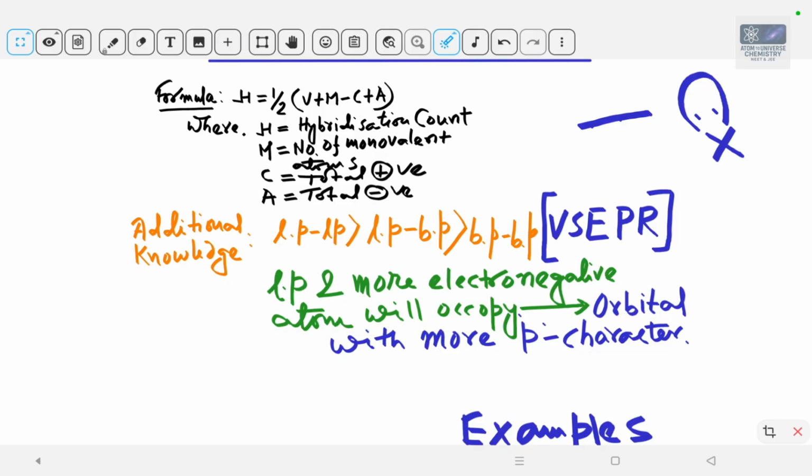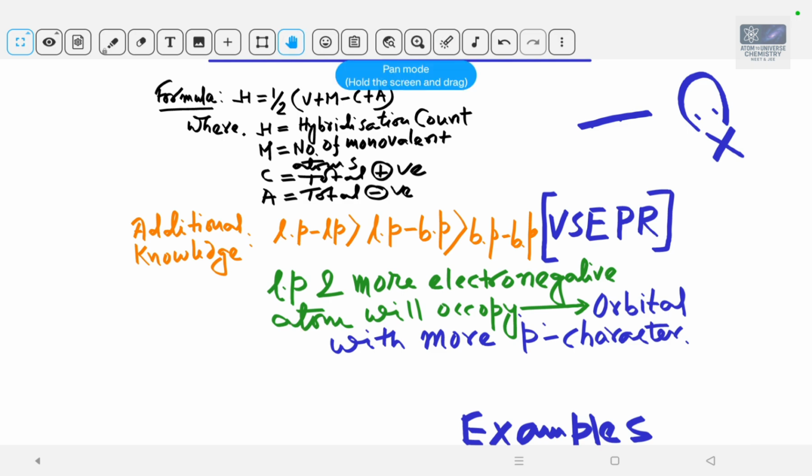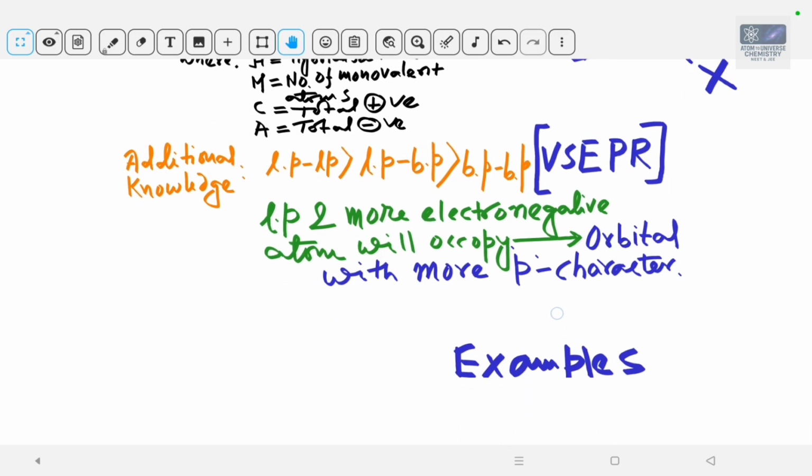And there is also a trick: if competition is set between a lone pair and an electronegative atom, then the lone pair will get priority.